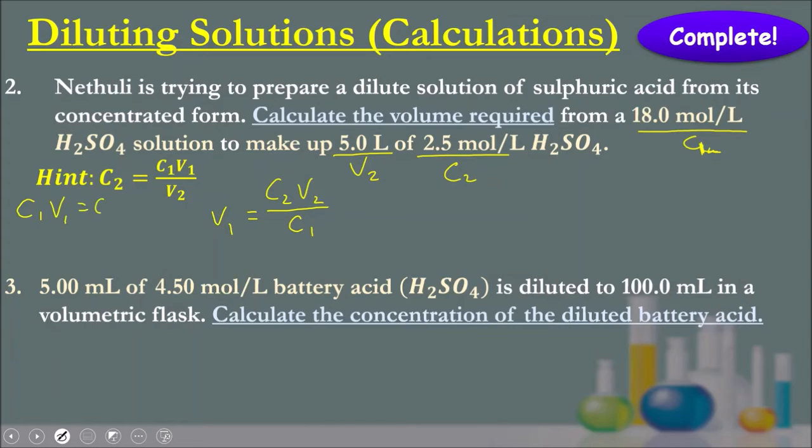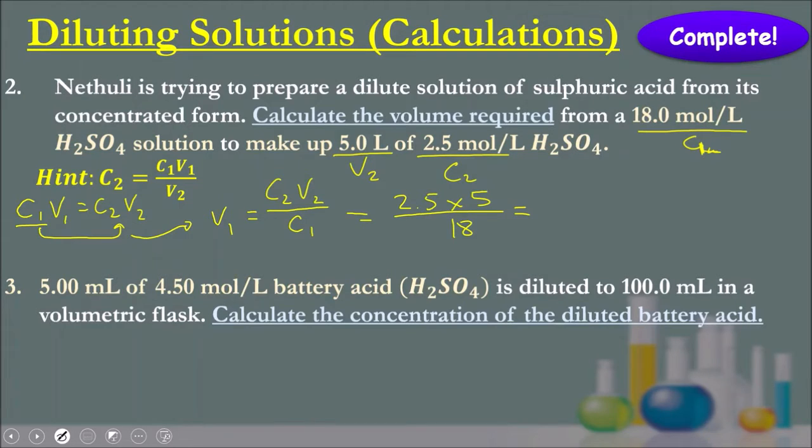C1 V1 equals C2 V2. I want to move C1 over to this side so I can get V1, leads me to here. So C2 is 2.5 times 5 liters over 18 moles per liter.